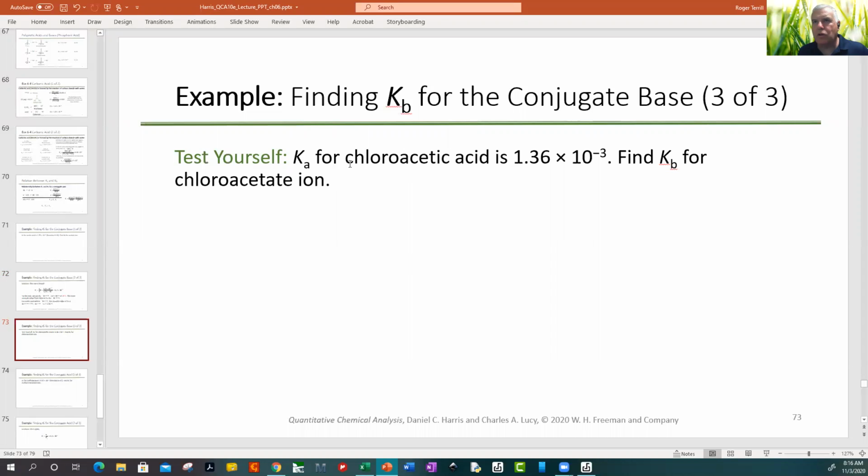And each time you replace a hydrogen with a chlorine, the acidity increases, right? So this number becomes smaller. Or no, it becomes larger rather. Sorry, the exponent here becomes a smaller negative value, right? So I'm just going to write down this Ka equals 1.36 times 10 to the minus 3 for chloroacetic acid.